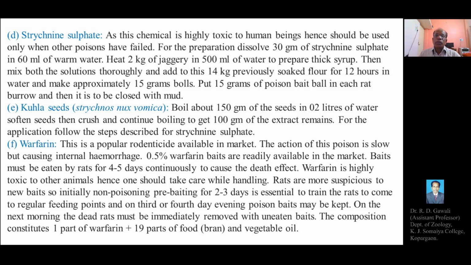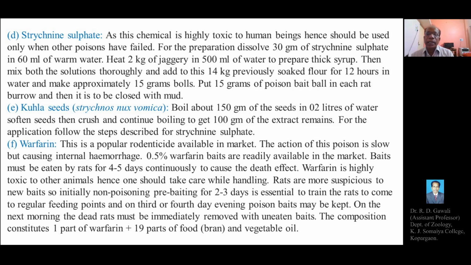Rats are suspicious of new baits, so initially non-poisoned pre-baiting for 2 to 3 days is essential to train the rats to come to regular feeding points. And on the third or fourth day evening, poison baits may be kept in the mouth of the burrows.